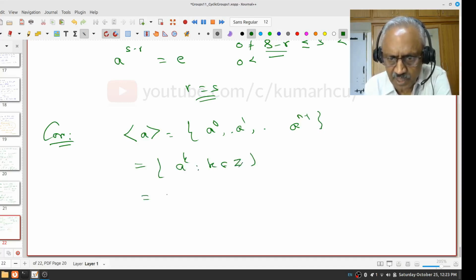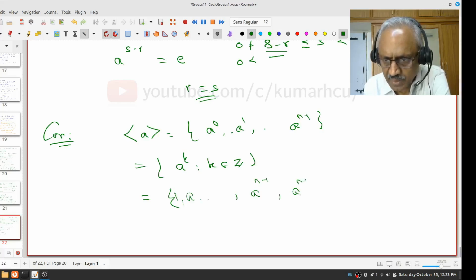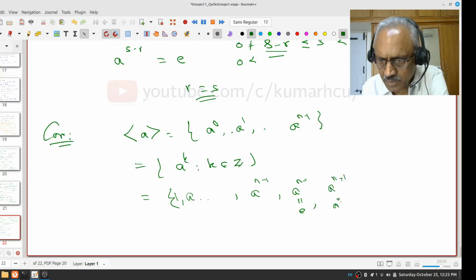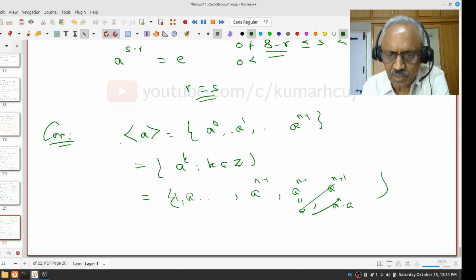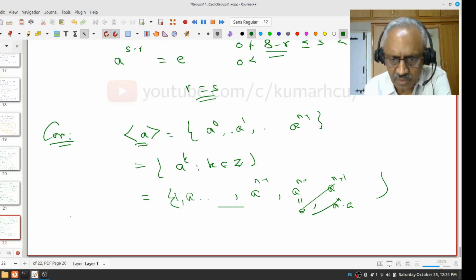If I start with k equal to 0, I have identity, then up to a to the power n minus 1, and when I write a to the power n, which is identity, and a to the power n plus 1, which is a to the power n times a, which is a, and so on, it keeps repeating. Therefore, the cyclic subgroup generated by a is precisely this. Therefore, the order of a is nothing other than the number of elements in this.